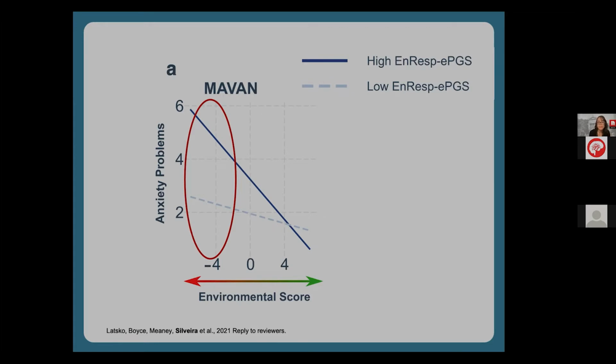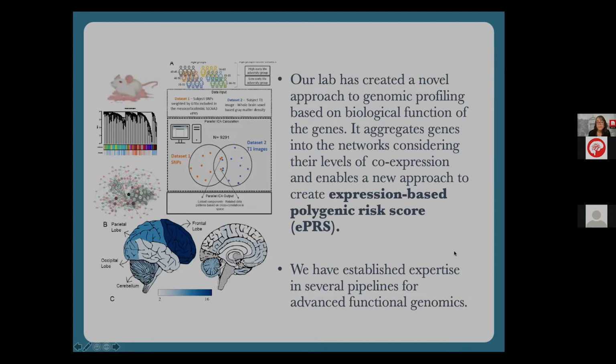So this is an example of a study done in my lab, but in fact, we have done this in different contexts using different biomarkers, diverse animal models, and studying a large range of outcomes. So our lab has created this novel approach to genomic profiling based on biological function of the genes, and it aggregates genes into networks, considering their levels of co-expression, and enables a new approach to create what we call an expression-based polygenic risk score.